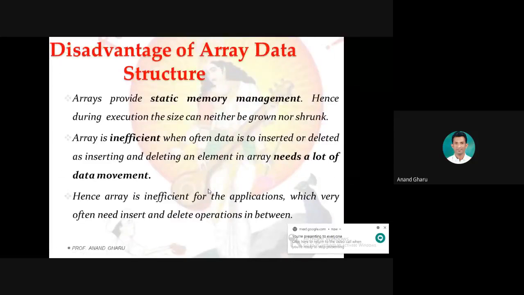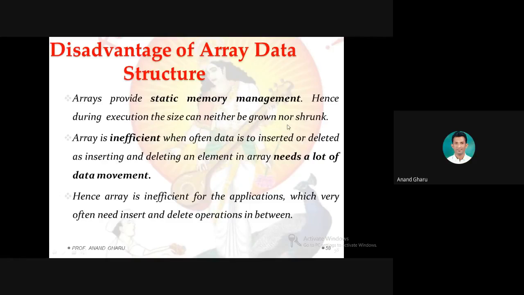Now disadvantages of array. While explaining the characteristics, I already told you about static memory management. That is one of the drawbacks of array, because due to static memory, there can be memory wastage. Here you can read: array provides static memory management, as during execution the size can neither be grown nor shrunk.